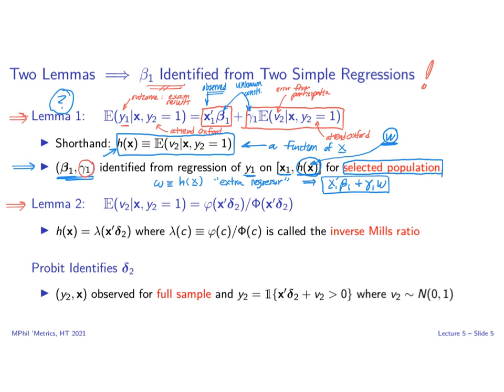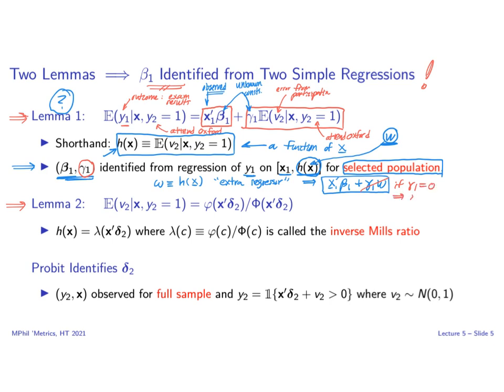So if gamma 1 were 0, which would imply that the conditional mean of u1 given v2 was just the same as the mean of u1, which is 0 by assumption, then there would be no sample selection bias.